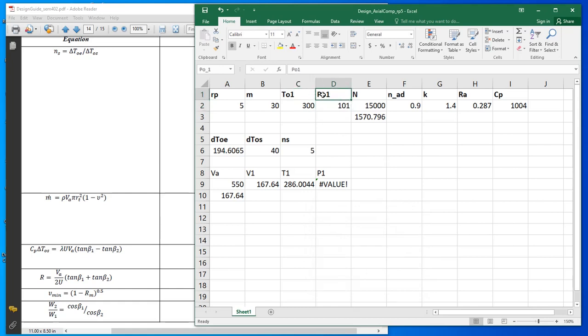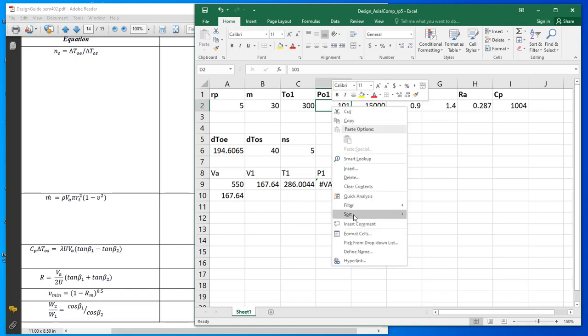Oh, we have a problem. In adiabatic, we have an issue with the naming, unfortunately. So we will have to think of something.